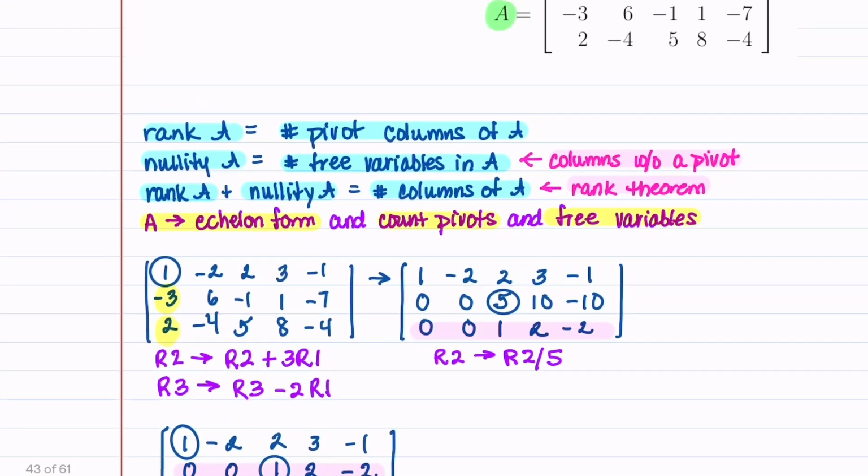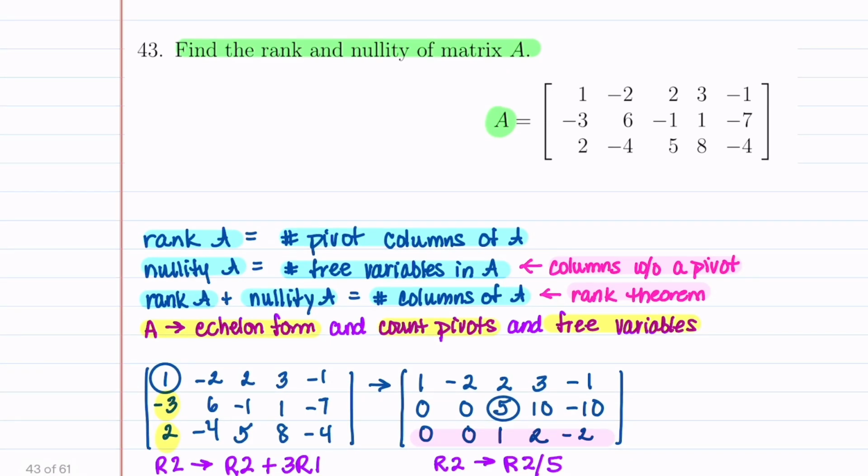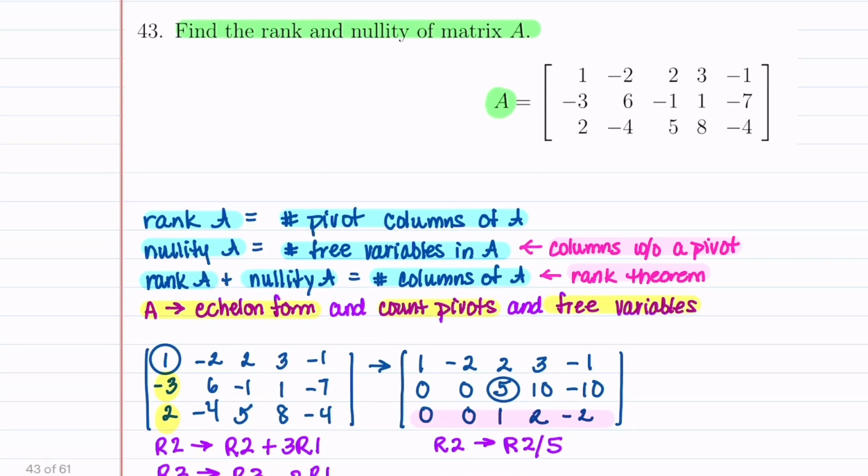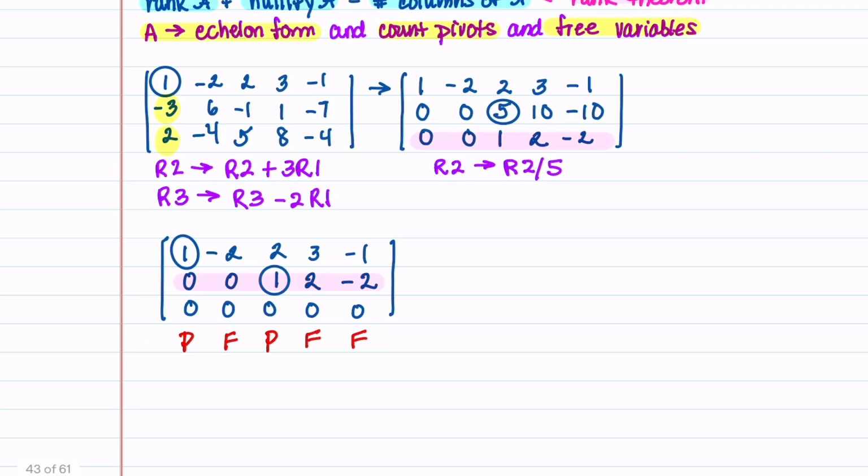Okay, so let's go back to our original problem. They wanted us to find the rank and the nullity of matrix A. So our rank of A is our number of pivot columns, and that's going to equal 2. So our rank is equal to 2.